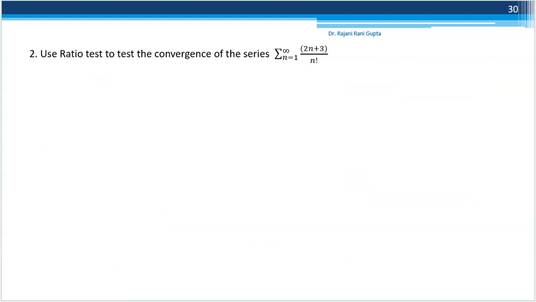Let's do the second question. Again, a_n is (2n+3) over n factorial. Finding a_{n+1}, what we have to do? Simply replace this n by n plus 1. This gives us (2(n+1)+3) over (n+1) factorial.